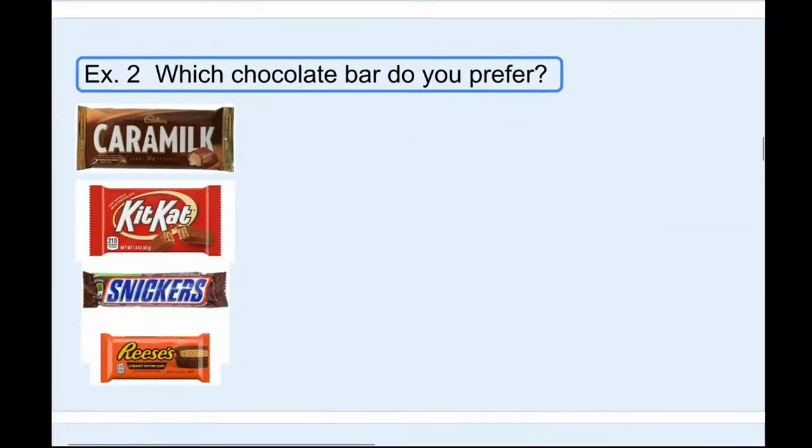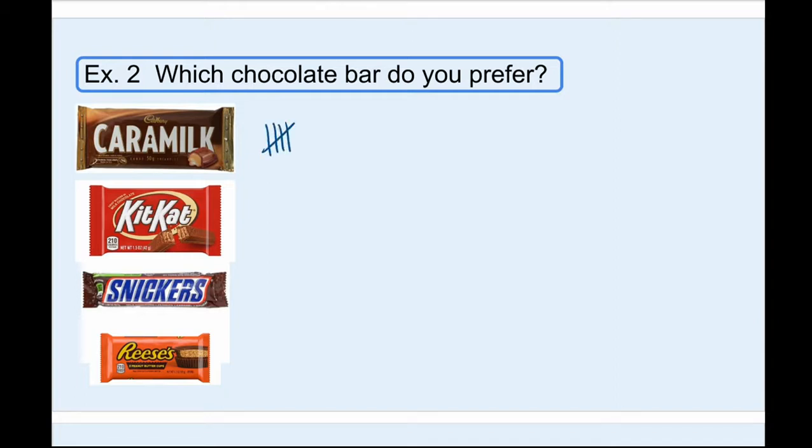Another example, so this one's going to be hypothetical. Normally we would ask the class, but obviously right now I'm recording this by myself. So which chocolate bar would you prefer? So let's say we do this in the class. We ask the question.